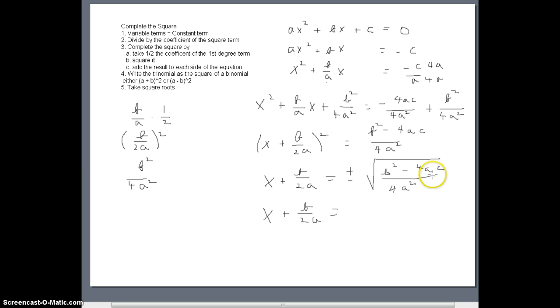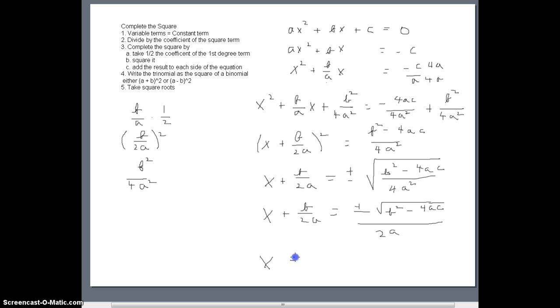The numerator b squared minus 4ac does not simplify. The denominator, 4a squared, we can take the square root of: the square root of 4 is 2, and the square root of a squared is a. And we can rewrite the b over 2a to the other side.